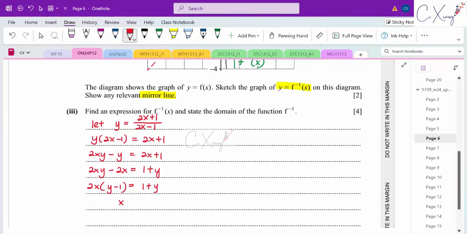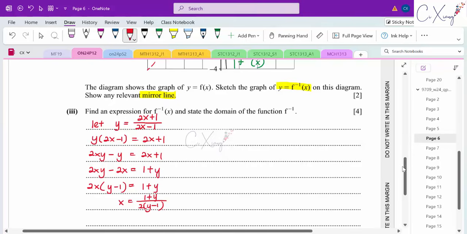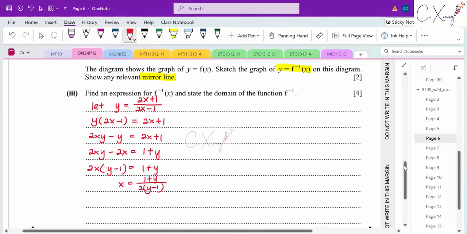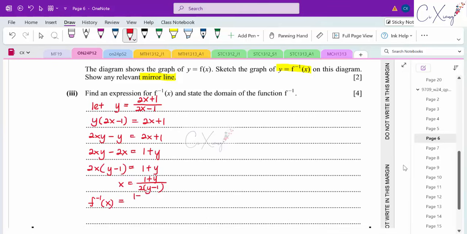Then bring everything over and leave only the x on the left hand side. So you can see that now it becomes x equals to something something y. And therefore, this will be my inverse function. Okay, so you'll be looking something like this.